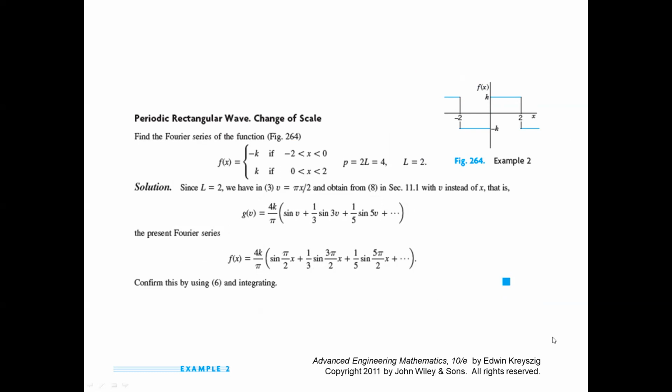The next example has this kind of sketch. We shall be able to represent it in this mathematical way if, again, the period is 4. Then we notice this is an odd function. Then we only need to know b sub n.